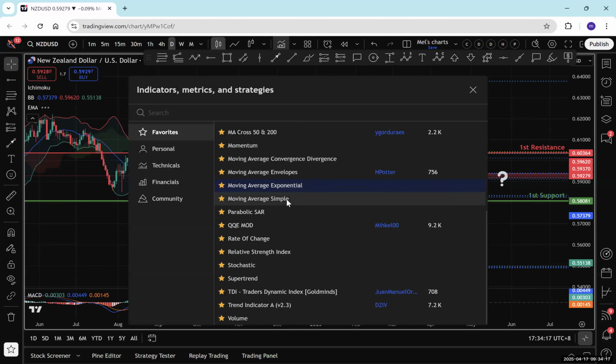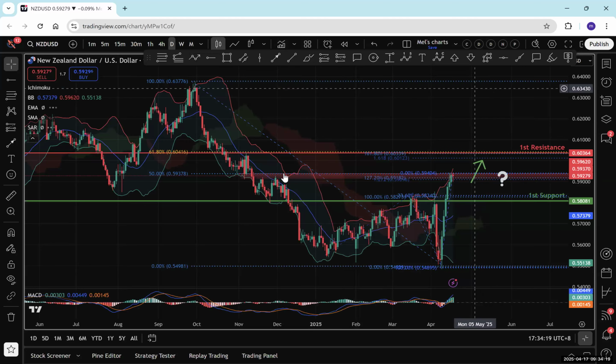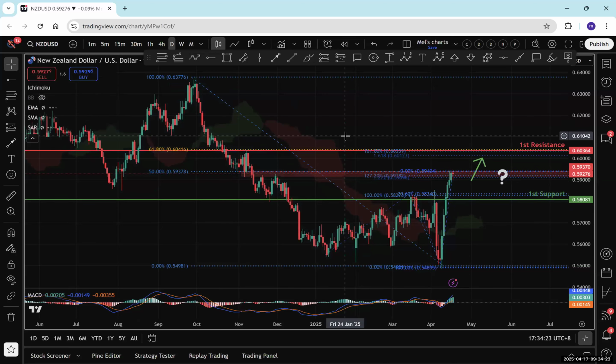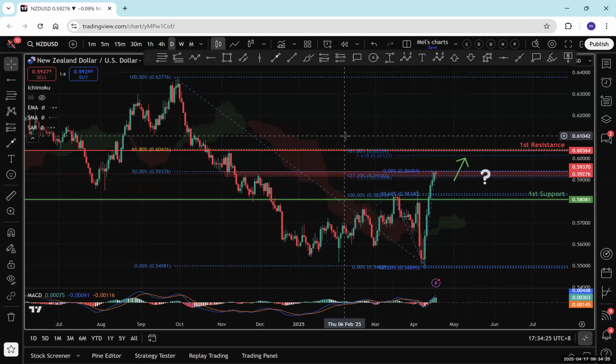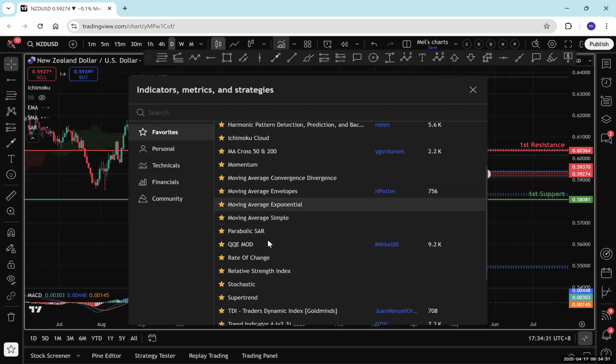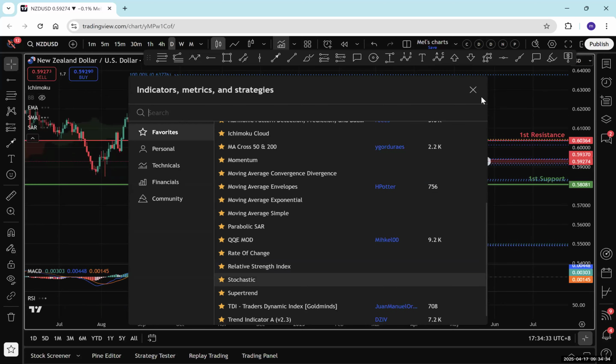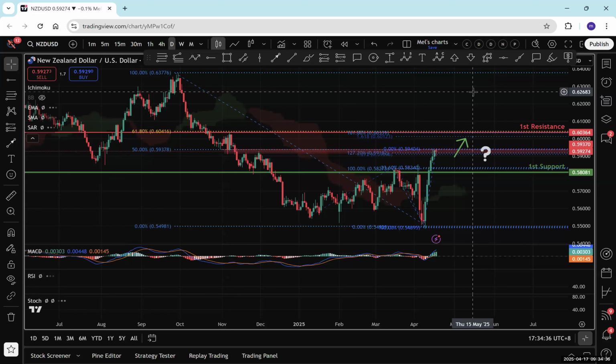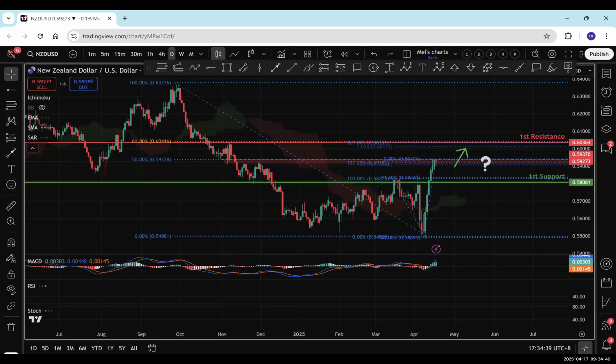Now let's look at EMA, SMA, and SAR. Why is it taking a while to load? In the meantime, let's look at RSI and stochastic. Okay. Is it my Wi-Fi?